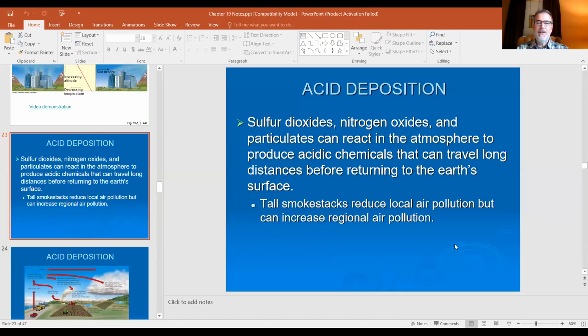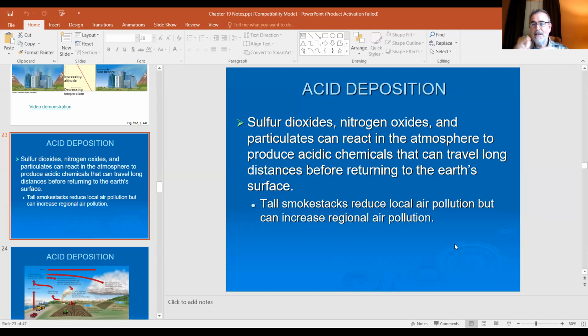So acid deposition, right? First, it starts, generally speaking, with the burning of fossil fuels and that kind of stuff, right? So sulfur dioxide from burning coal, nitrogen oxides from burning anything, in our internal combustion engines and at high temperatures, right? So sulfur dioxide, nitrogen oxides, and particulates can react in the atmosphere and produce acids, right?